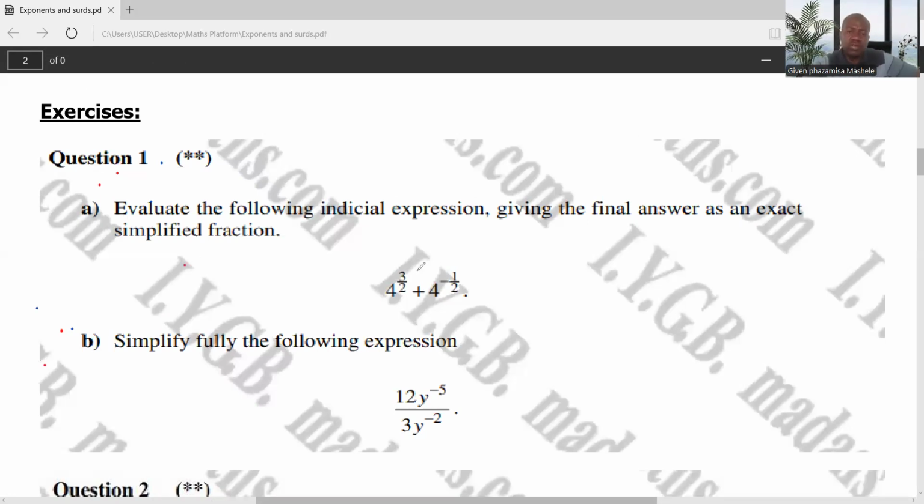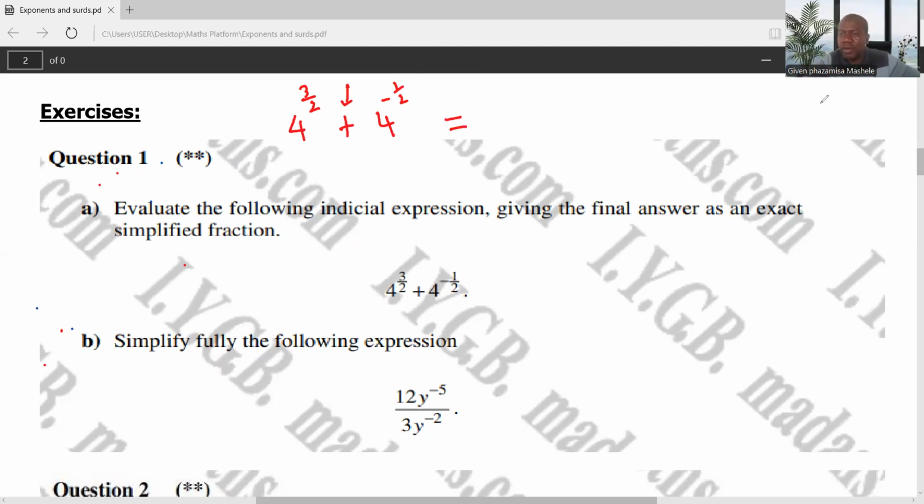So now, what are we going to do here? We're going to simplify. We have 4 raised to the power of 3 over 2 plus 4 raised to the power minus half. Yes, this 4 is a base, but there's addition between the terms, so we cannot use the multiplication law. What we can do is change 4 to have a base of 2. How?